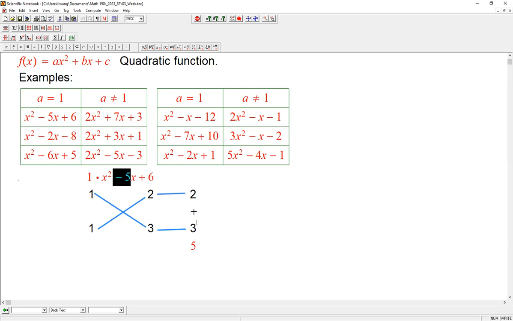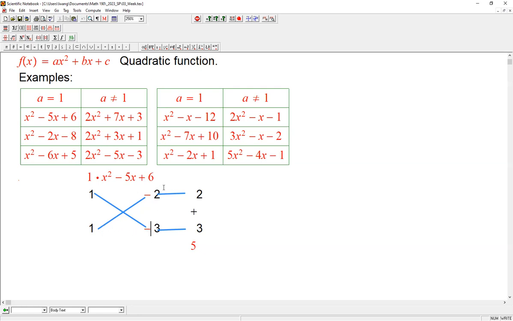Factoring, you can see, is trial and error. So it doesn't work, and I'm going to try something else. How about I try negative 2 and negative 3? Negative 2 times negative 3 is also positive 6. So 1 equals 1 times 1, and 6 equals negative 2 times negative 3.